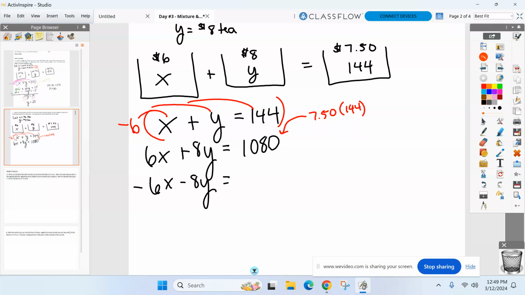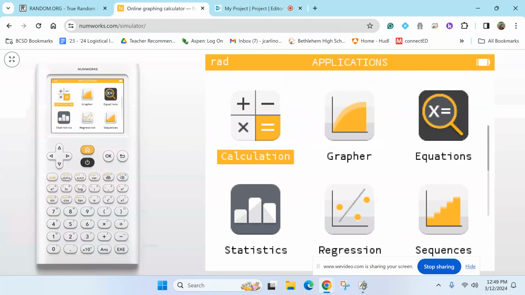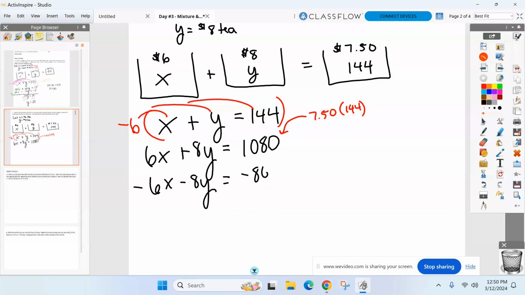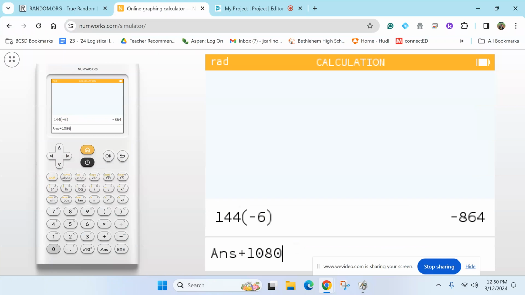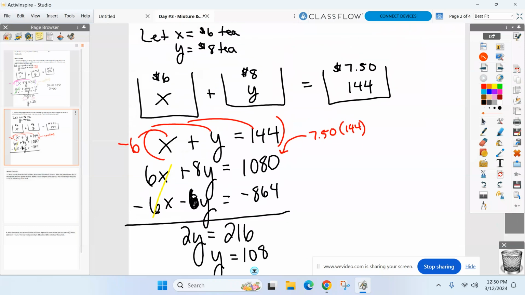What is that number there? 108 pounds of the high-end tea.